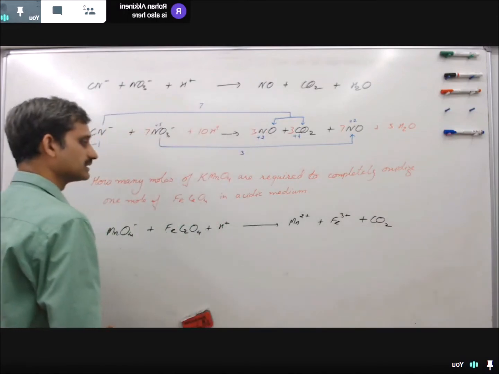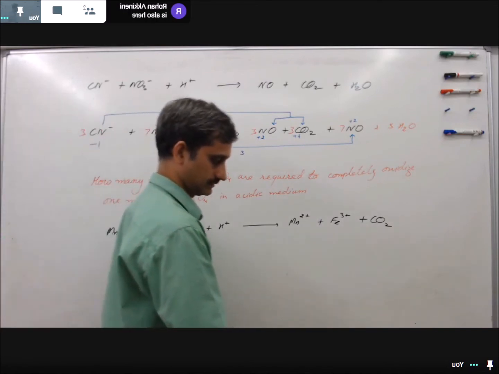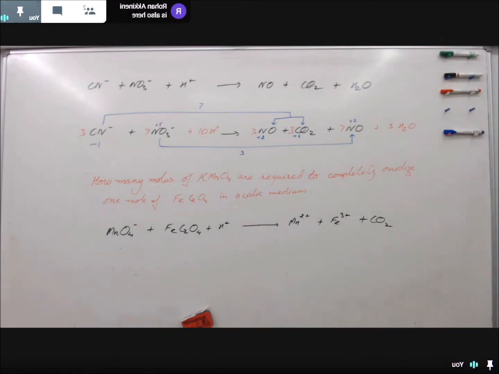Now can you balance it? Ron, you need to remember that in acidic medium it undergoes a 5 electron change. In neutral or basic medium it undergoes a 3 electron change.